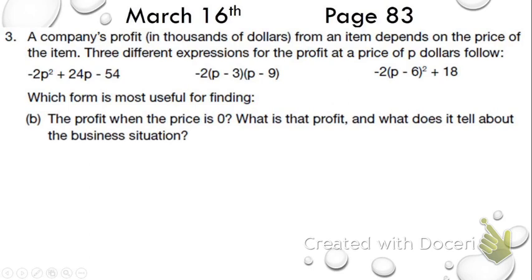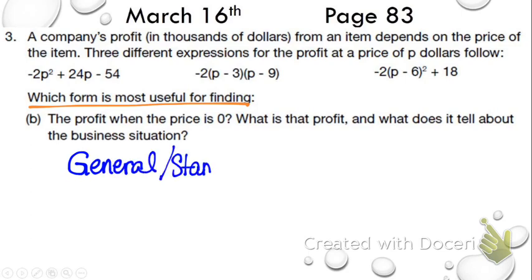What form would I use to find the profit when the price is 0? Which one? General form, also called standard form. Why is that the form that we want?